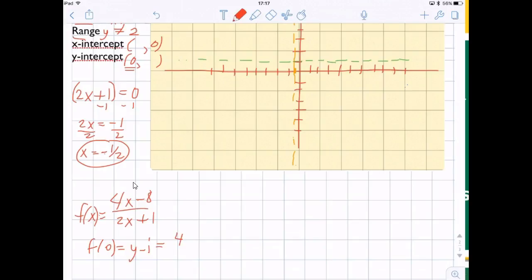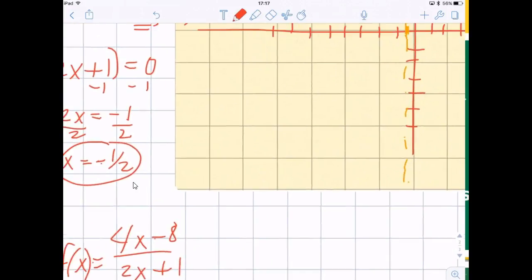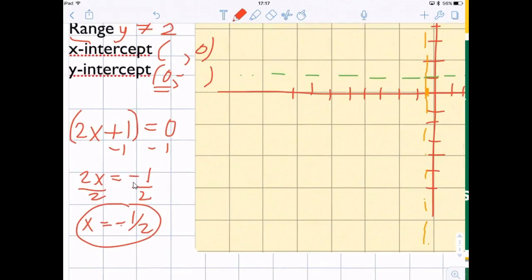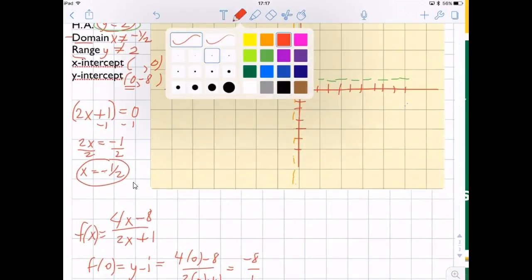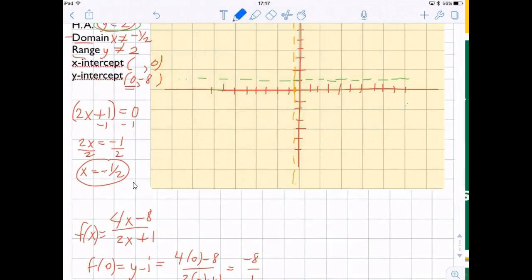So we're going to put 4 times 0 minus 8 divided by 2 times 0 plus 1, and that gives us negative 8 divided by 1. So the answer for the y-intercept is equal to negative 8. Okay? So actually we can graph that point already. Let's graph that point. 0, comma, negative 8. It's right there.